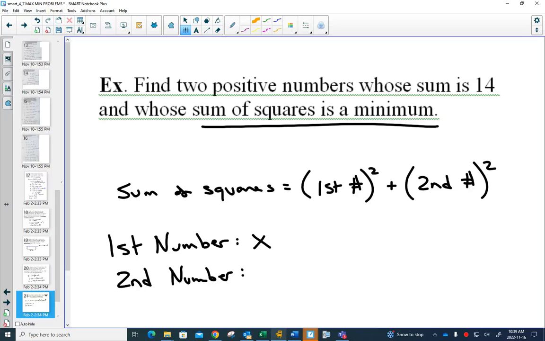If this one's 8, what's this one? Two numbers whose sum is 14. If this one's 8, this one's 6, this one's 7, this one's 7. This one's 1, this one's 13. How do I write that in algebra? 14 minus x.